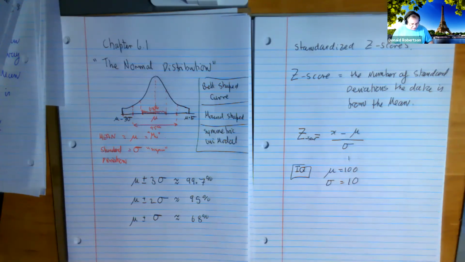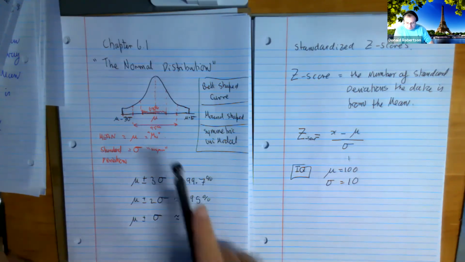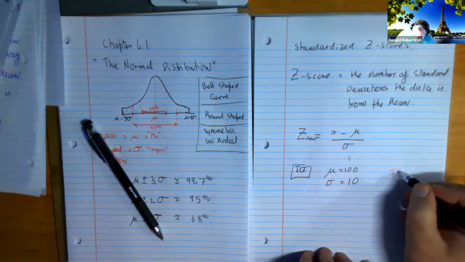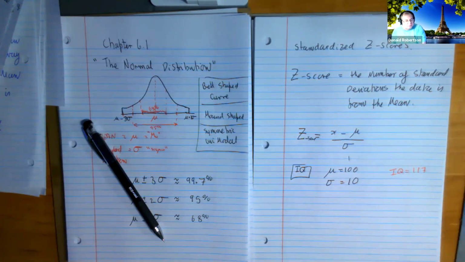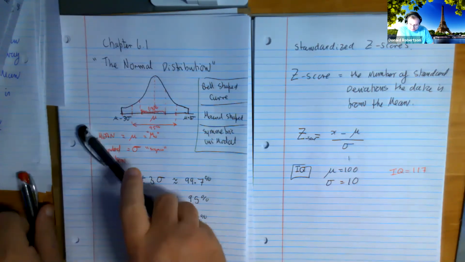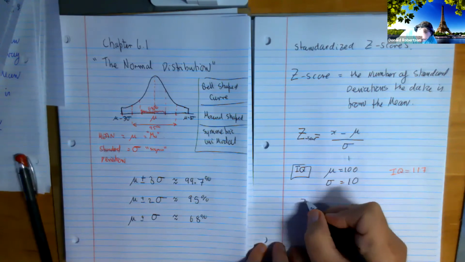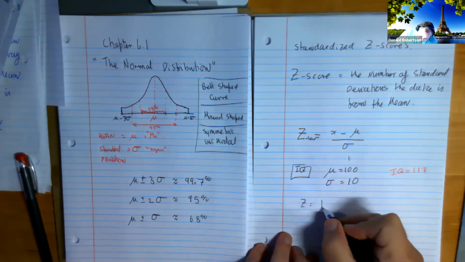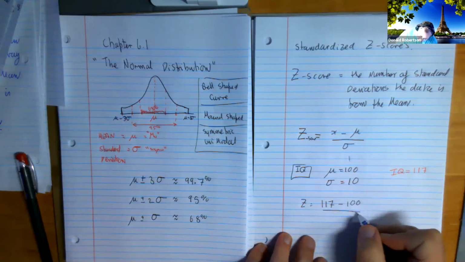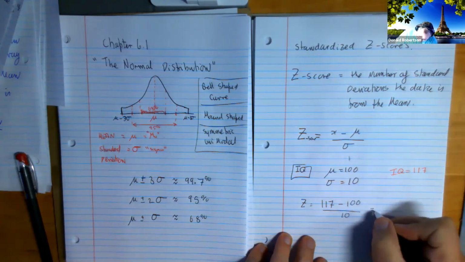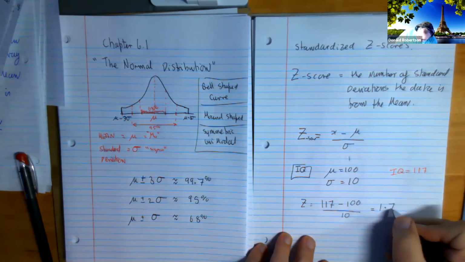And let's suppose somebody got an IQ score of 117. That person's z-score would be 117, take away the mean, divided by 10. And that would be a z-score of 1.7.